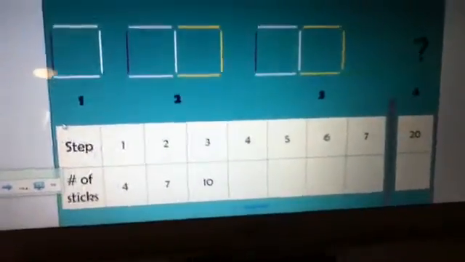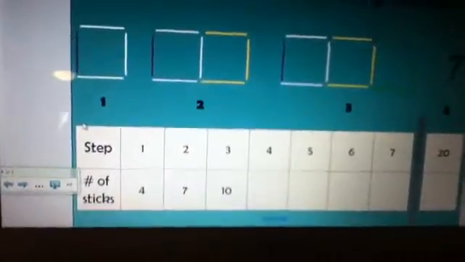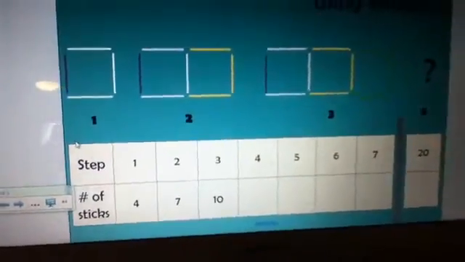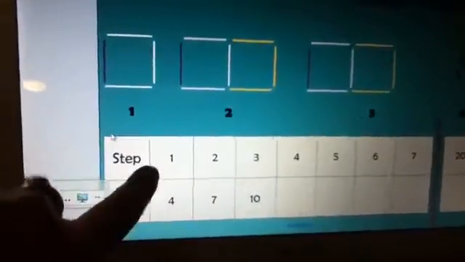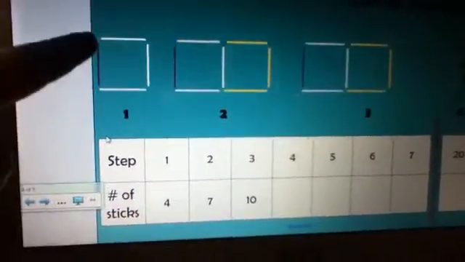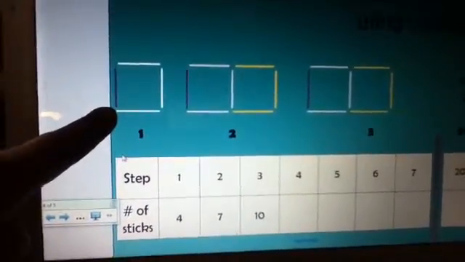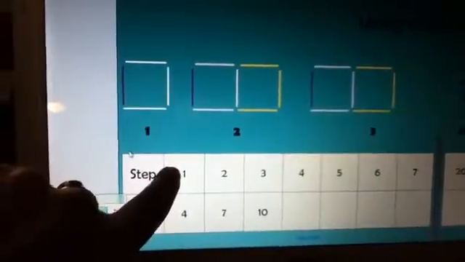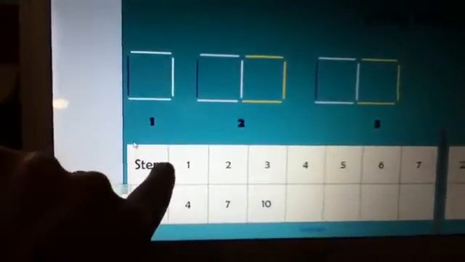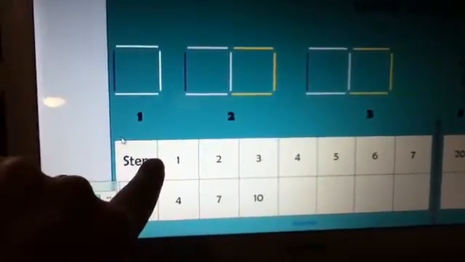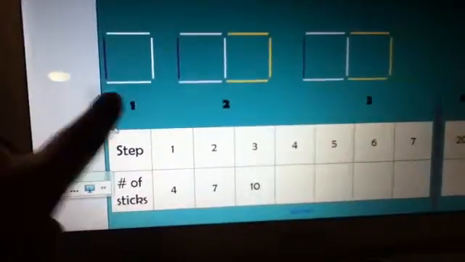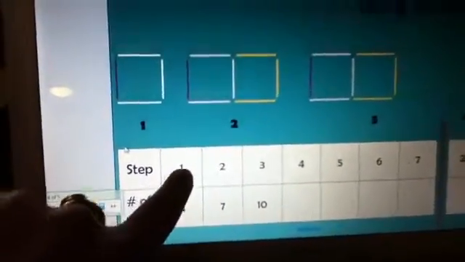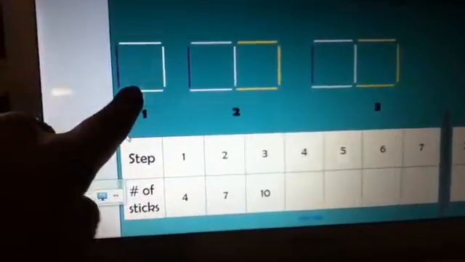Alright, so let's go ahead and try out this algebraic rule. How do we write this? Well, we know that for every step we have 1 stick always, and then however many steps we have, we add that many groups of 3 each time. So we always start with 1 and we add on 1 group of 3 here.